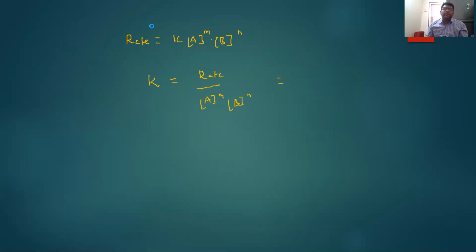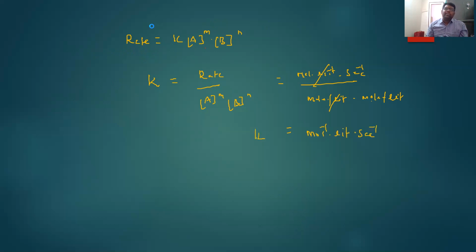What are the units for rate? Moles per liter per second is the rate unit. The concentration unit is moles per liter. The liter gets cancelled, so we get mole inverse, liter, and second inverse.